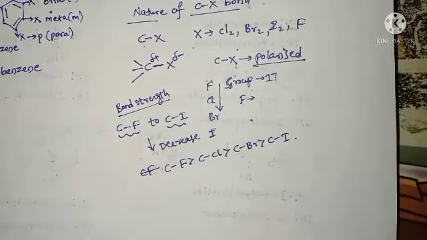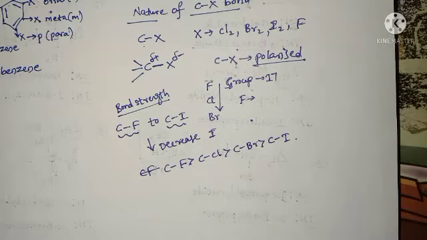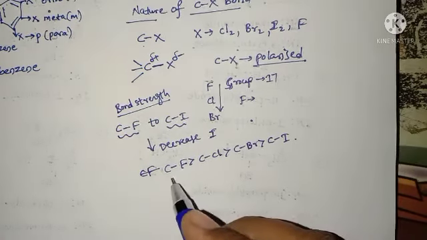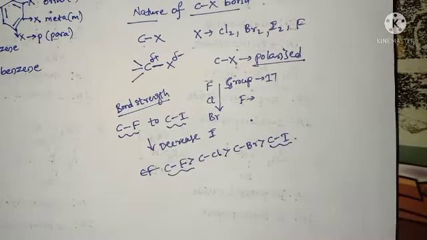This is the nature of the C-X bond. Because halogen atoms are more electronegative, the carbon atom gets a partial positive charge and the halogen atom gets a partial negative charge. Hence the C-X bond is polarized, and the bond strength decreases in the order C-F to C-I.